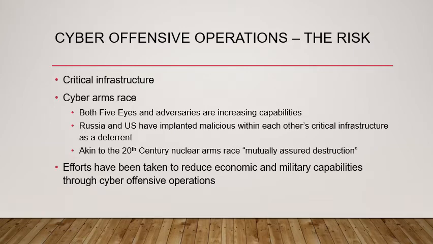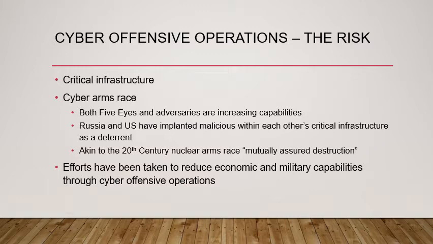So risk, the biggest thing is, again, critical infrastructure. That is the biggest weakness, and thankfully it is all tied together with technology, but that also increases the vulnerabilities to the critical infrastructure. So, not the official term, but just kind of a cyber arms race, akin to the 20th century nuclear arms race, where at least it's been known that Russia and China have already implanted some level of malicious code within each other's networks that would impact each other's critical infrastructure.